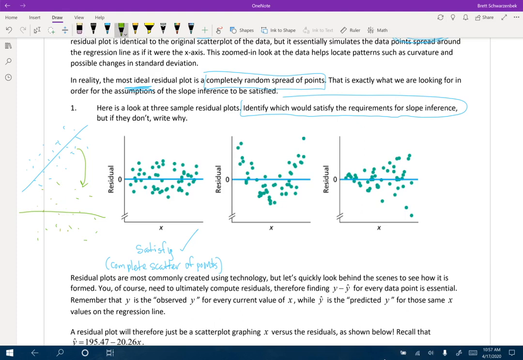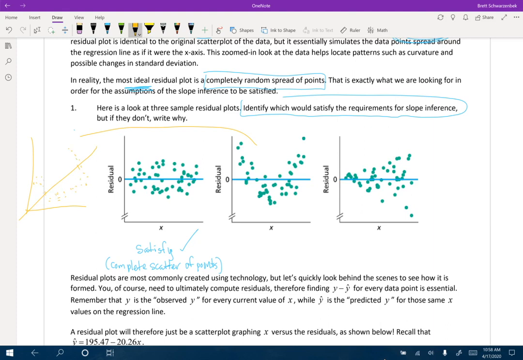We like that. Okay, what don't we like? We don't like a pattern. Why is that? Because if we actually looked at this second graph in a line, so let's say we had some regression line like this, this would be the equivalent of something like this. Normally, would we want to make a linear regression for this set of points?